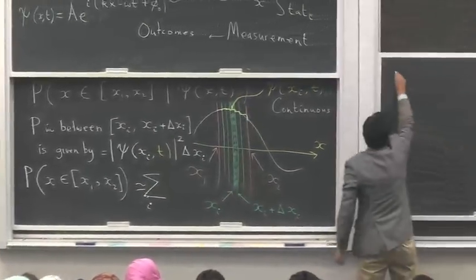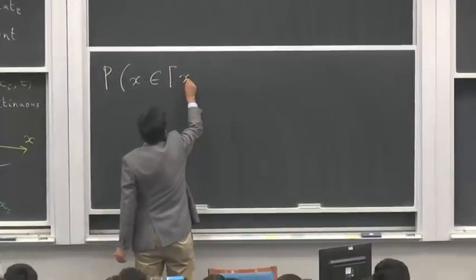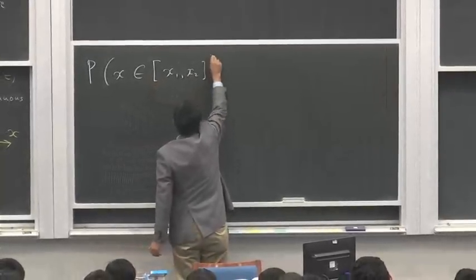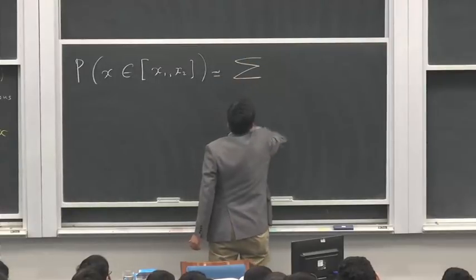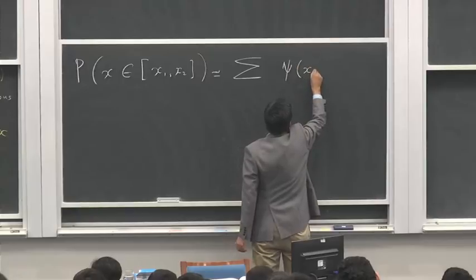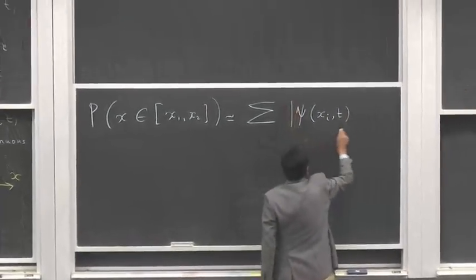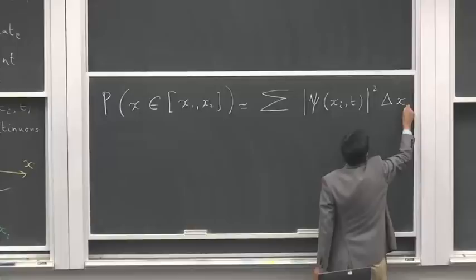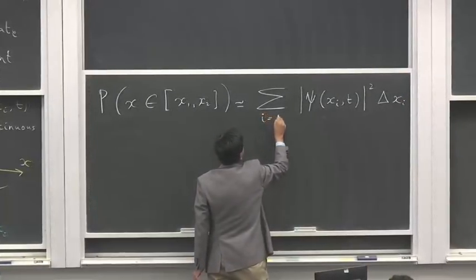So the probability of locating my particle in a narrow regime is approximately given by the sum of the value of the wave function at a particular point inside the interval modulus squared, delta xi, which is the width of each subinterval, and I sum up over all possible intervals.